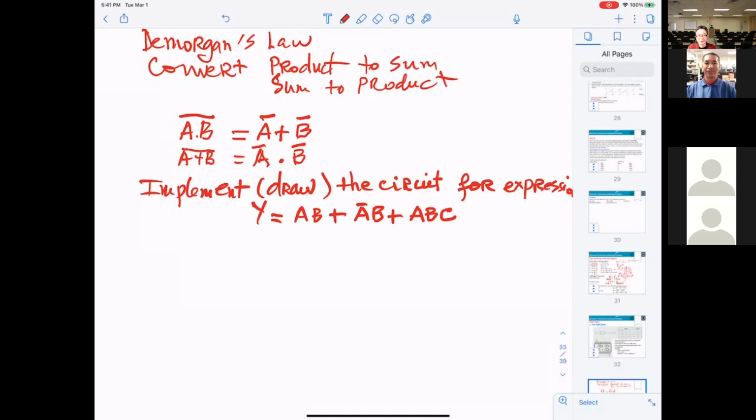And after that, you get the truth table in order to collect the data for the output. Now they want to build it. How can we draw this circuitry?